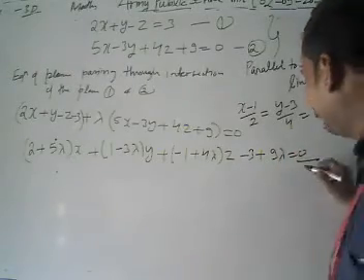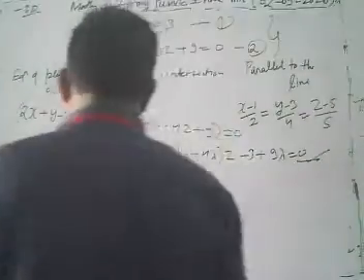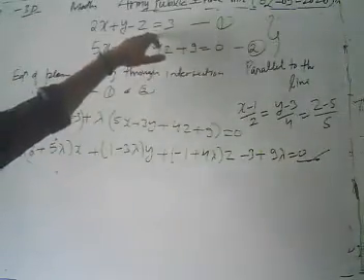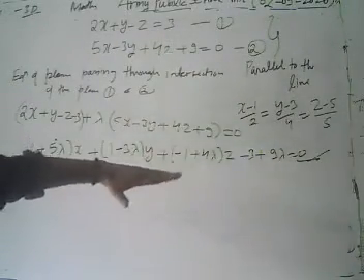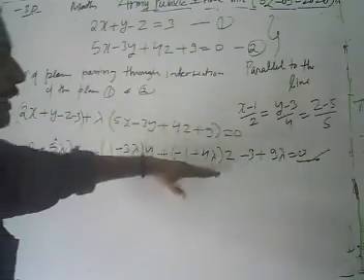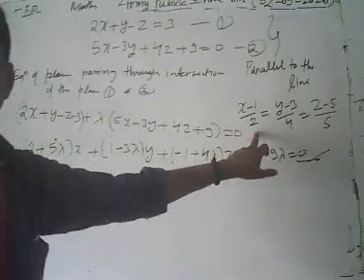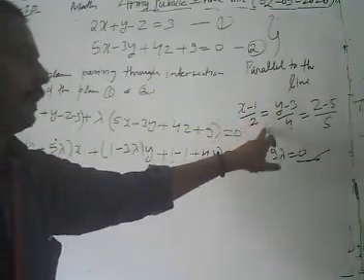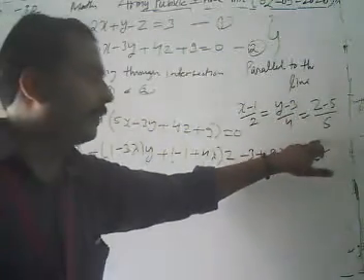This is our equation of the plane which passes through the intersection of planes 1 and 2. It's given that this plane is parallel to the line (x minus 1)/2, (y minus 3)/4 and (z minus 5)/2.